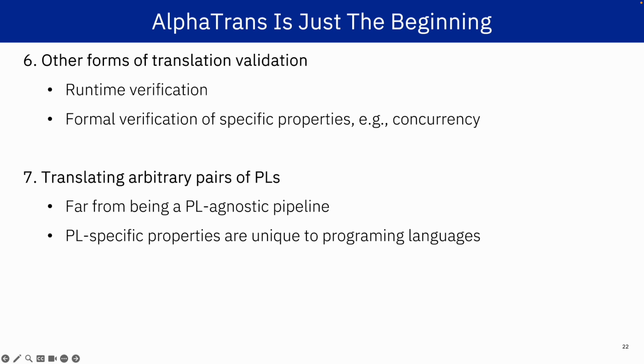We're a bit far from being PL agnostic right now. Every tool that is trying to address this problem is built for a specific language pair, for example in our case, Java to Python. Building tools which are PL agnostic is going to be very challenging, and it's actually an open problem.